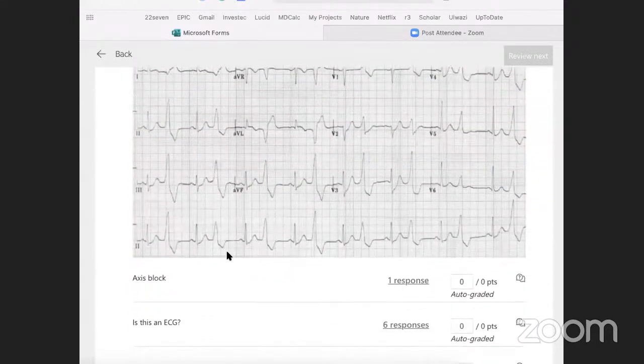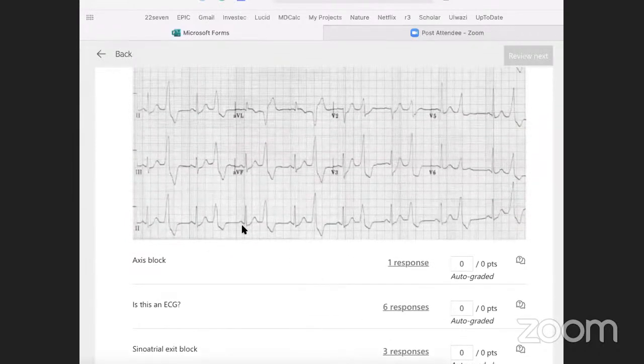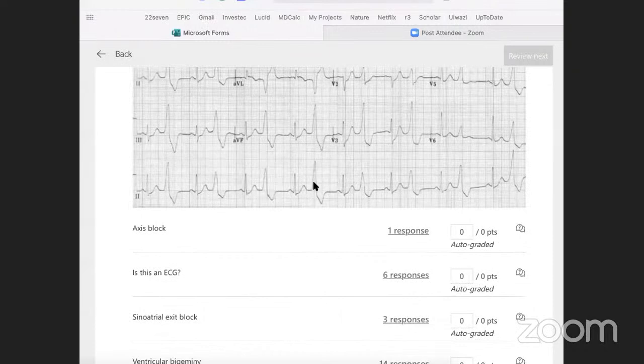For this question, we can see normal beats with a P, QRS interval, T wave, and then we have these regular wide bizarre complexes. So these would be premature ventricular complexes, and they are ectopic beats, but they occur in a rhythm.